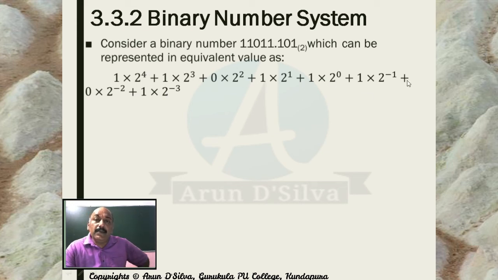Any number system will be represented this way. We make use of the radix or base of the number system and multiply by the weightage, which becomes a power of that base. Here the 4th position is 2 to the power 4; in a decimal number it would be 10 to the power 4. For binary, that's the reason it is 2 to the power 4.